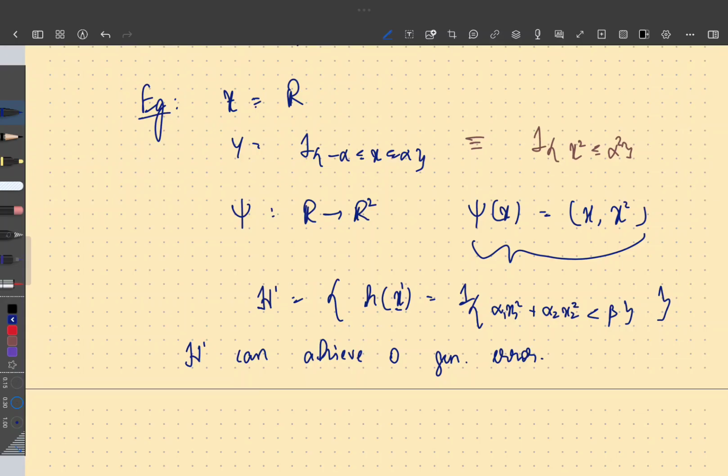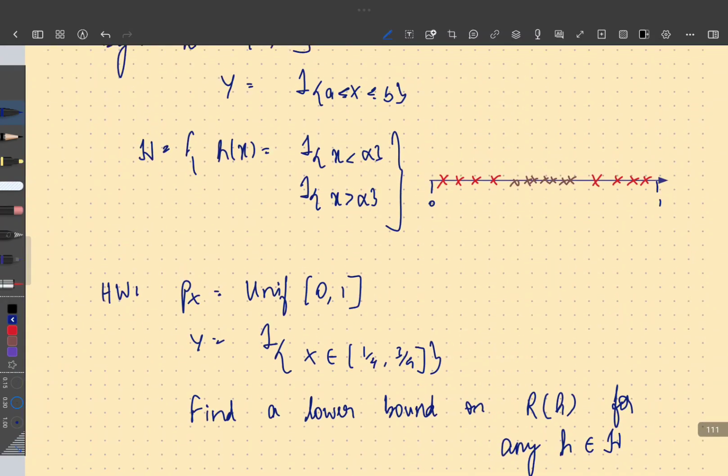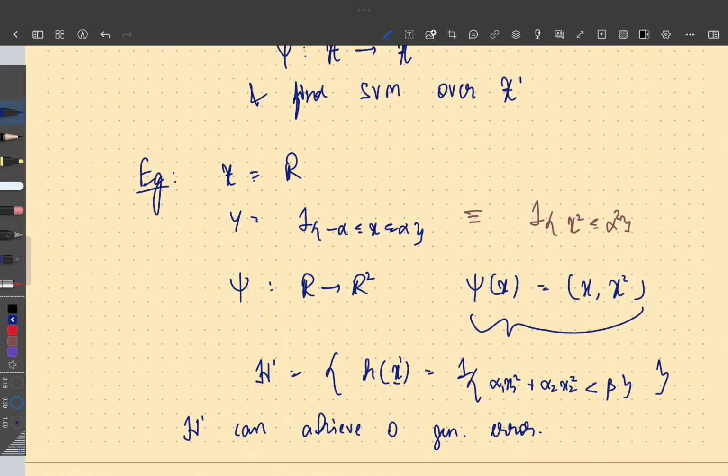So just by using an additional embedding, I can still use the same tools that I developed for support vector machines to design a non-linear classifier. It doesn't mean that every nonlinear classifier can be generated using this particular approach, but hopefully a rich class of classifiers can be obtained using this new approach that I have.